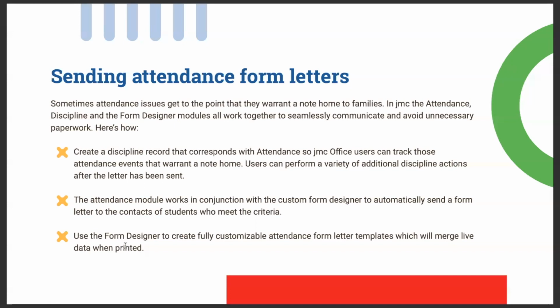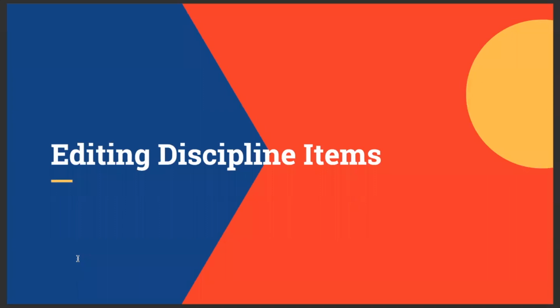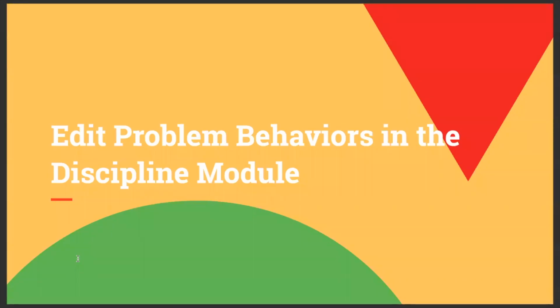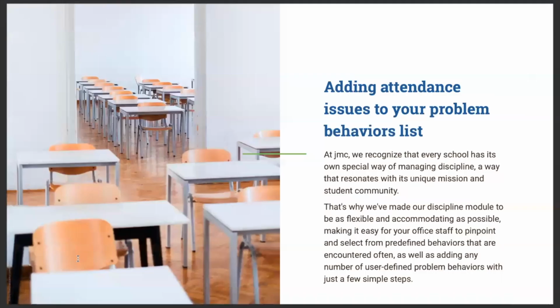And then you will use the form designer to create a fully customizable attendance letter, using form letter templates that will merge live data when they're printed. So we'll get started with editing discipline items, starting with the problem behaviors in the discipline module.